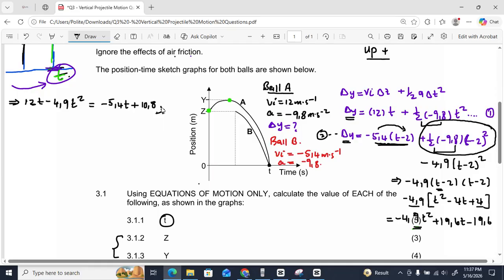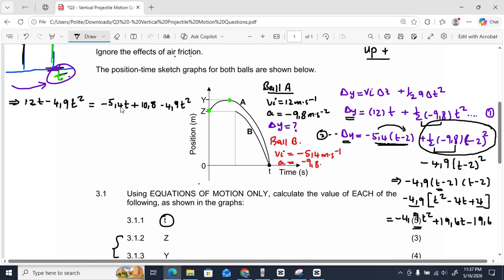So now that this is factorized and simplified, I'm just going to put it down somewhere there. I'm going to put it down and say this is minus 4.9t squared. I am very sorry, guys, about the space.